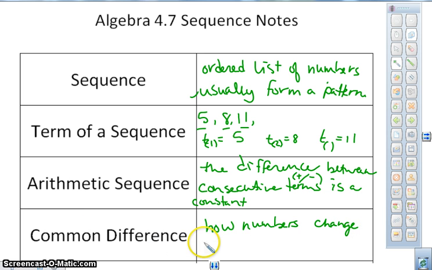If we think of this pattern, you might have -3, -2.5, then you might get -2, -1.5. Here our common difference, what's happening each time to get from -3 to -2.5, -2.5 to -2, our common difference would be equal to +1/2.